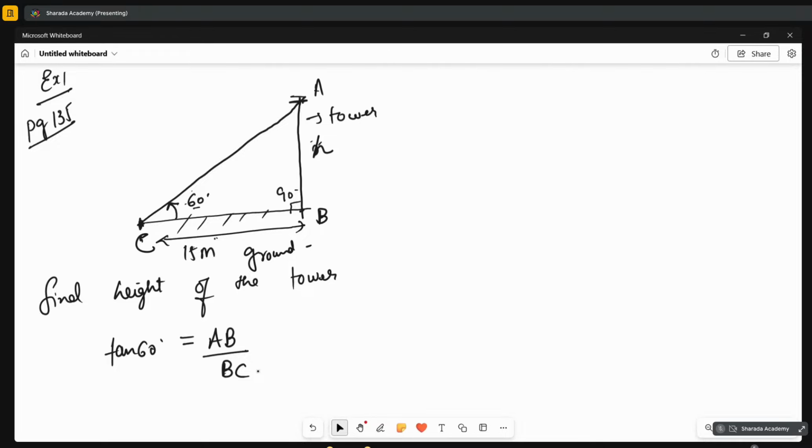What is the value of tan 60? Root 3. AB is the height, which I don't know. BC is 15. So the height of the tower is 15 root 3 meters. Understood?